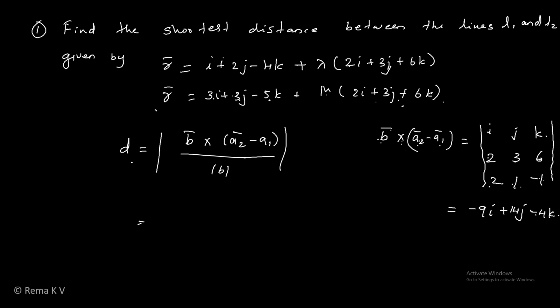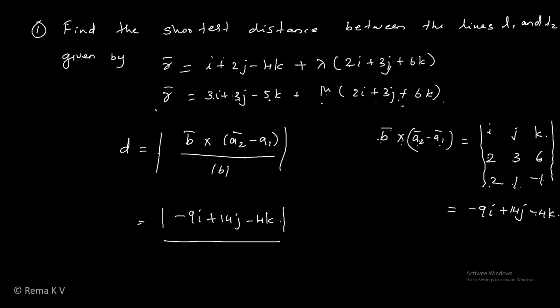Now this modulus is applicable only to this numerator, as this is the vector here. Since this is a real number, this modulus can be applied here. So that equals modulus of minus 9i plus 14j minus 4k divided by, what is modulus of b?